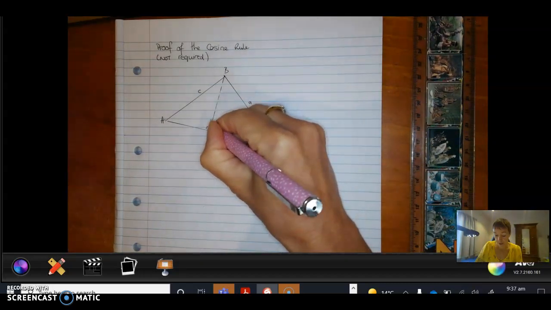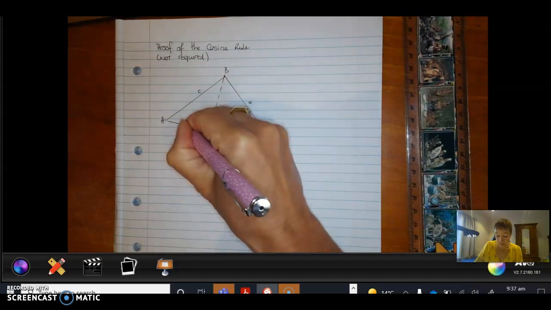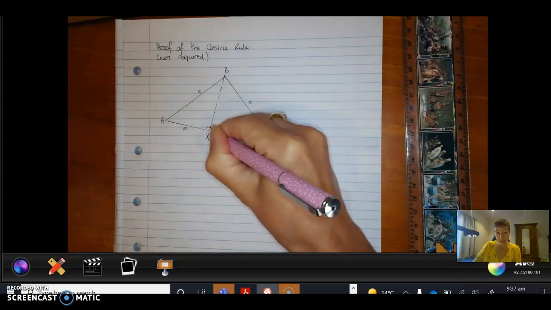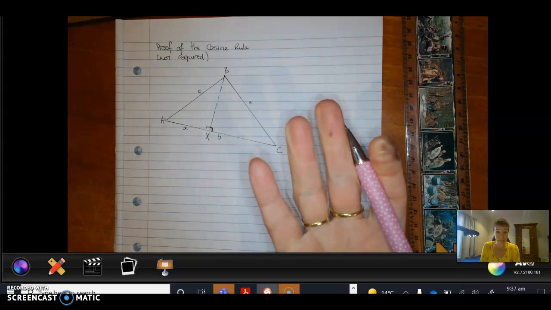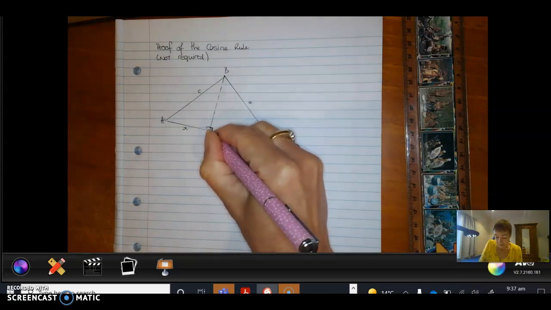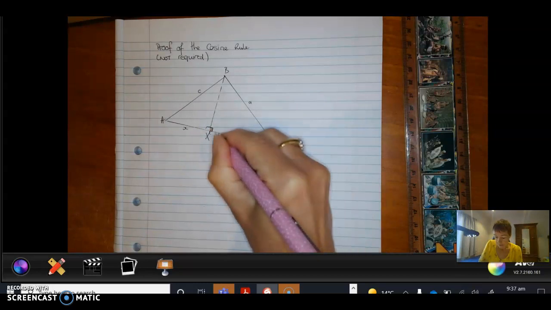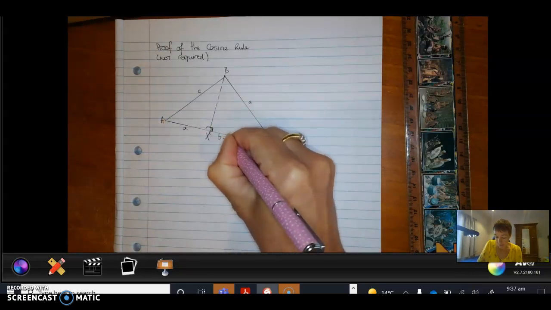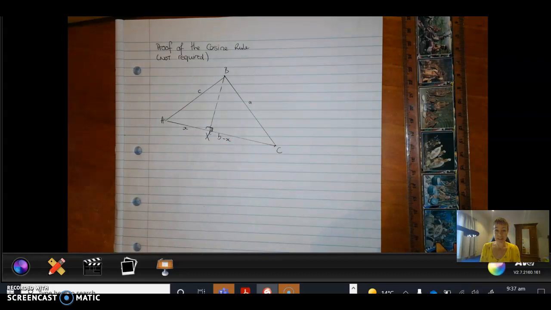So this is at right angles. I'm going to call this X. This little length I'm going to make X at some unknown side. And that would make this length from there to there, if this whole side is b, it'll be b minus x.